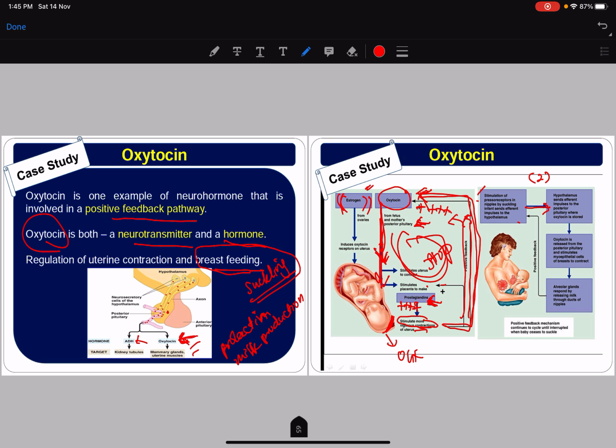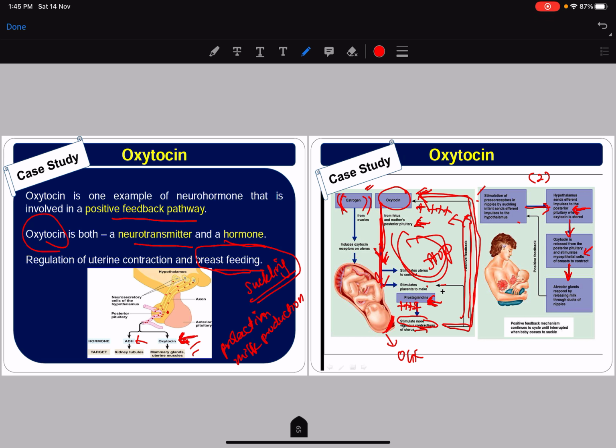It will send its signal to the posterior pituitary, and once the posterior pituitary is stimulated, it will release oxytocin. The oxytocin will travel through the blood to the myoepithelial cells of the breast or nipple, so that they will contract.